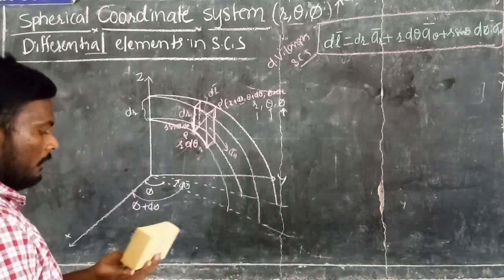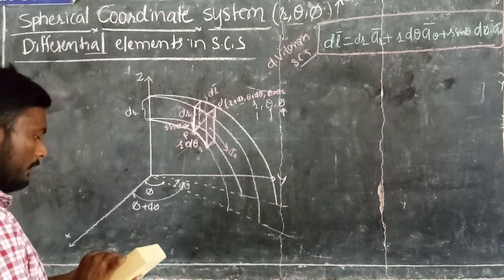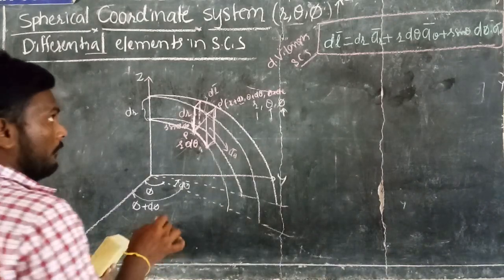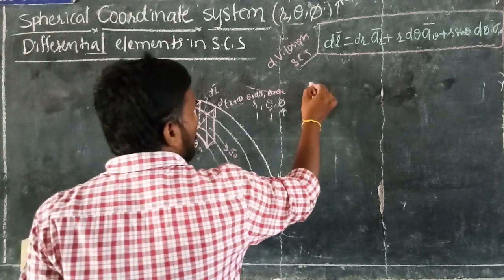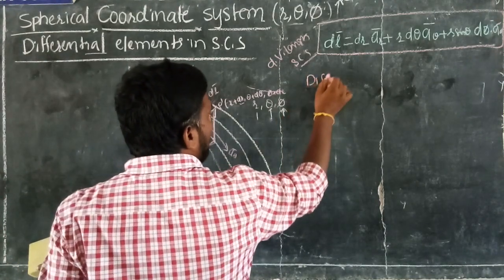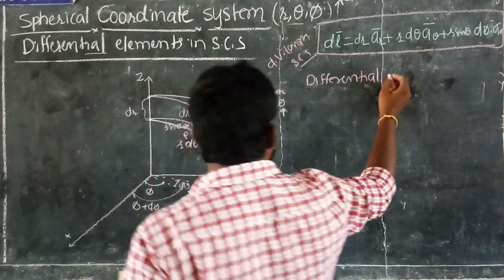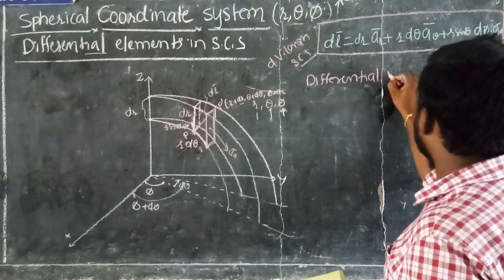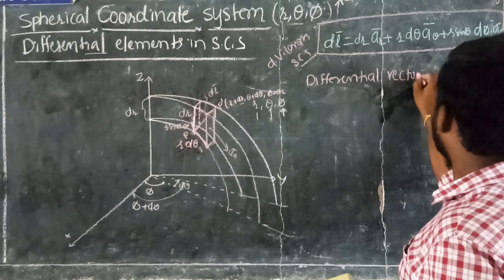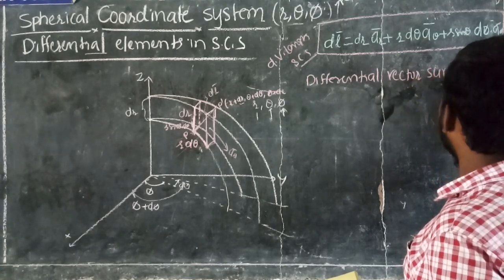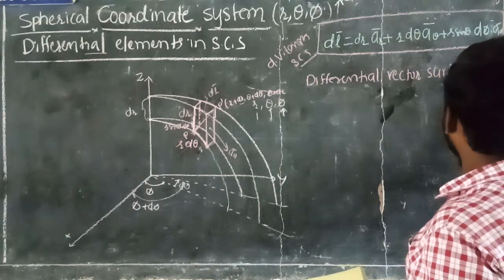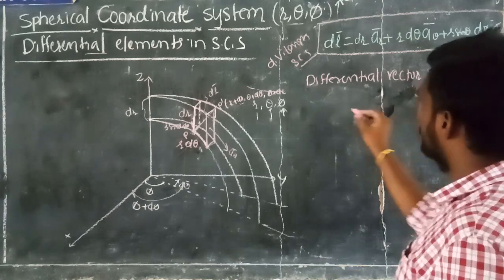Okay, so now I am writing the formula for the differential vector surface area.